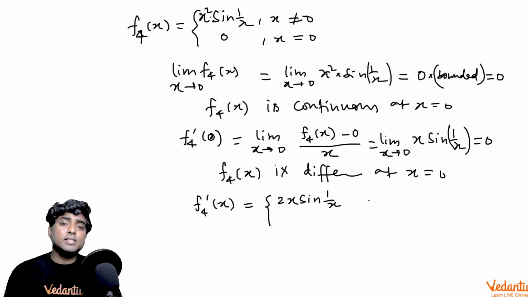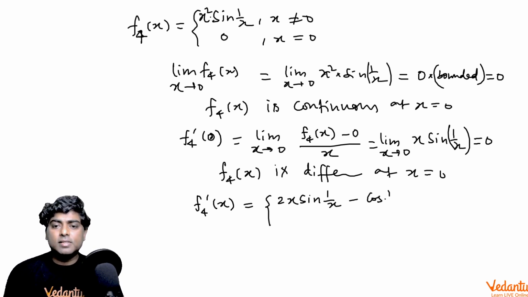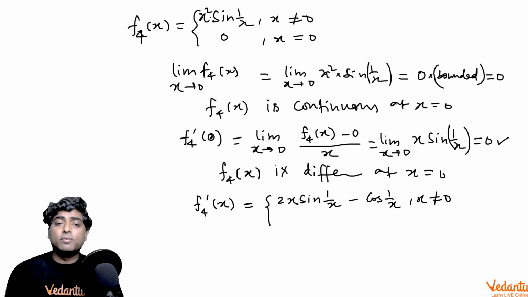It is cos 1 by x into minus 1 by x squared. So you get finally 2x sine 1 by x minus cos 1 by x, x not equal to 0, and at 0, f4 dash 0 is 0, so it is defined at x equal to 0. We have already checked it.